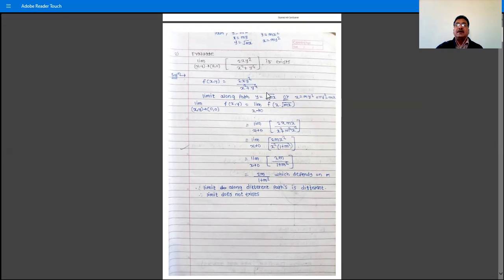So solve this by taking the limit along the path y is equal to root mx. The simultaneous limit as (x,y) tends to (0,0) of f(x,y): we substitute y is equal to root mx, therefore x tends to 0, f of (x, root mx).